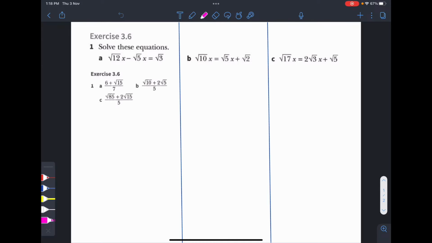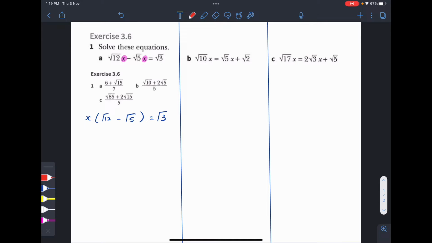What I'm thinking about is, I'm looking at the x and I can see that it's something in common. So I'm going to factorize out the x. I'm going to get x times root 12 minus root 5 equals root 3.